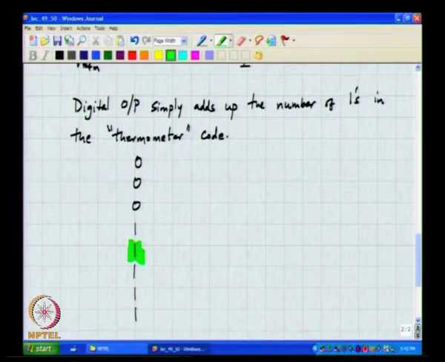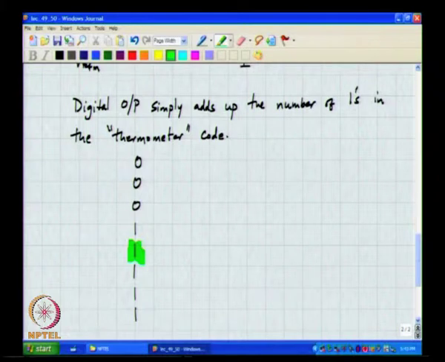If you normally took this thermometer code without bubble correction logic to a transition detector and then through the decoder, you would get a completely erroneous value, simply because the transition detector, which is accustomed to only seeing a single 1-0 transition, now sees 2 1-0 transitions and therefore is confused. Okay.